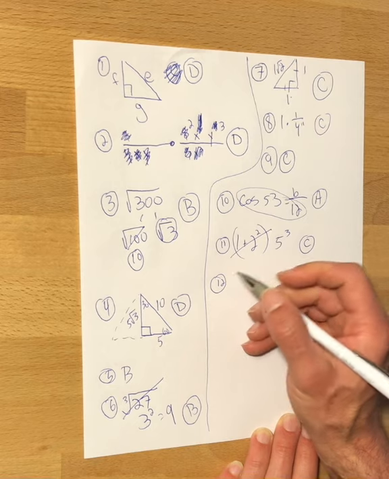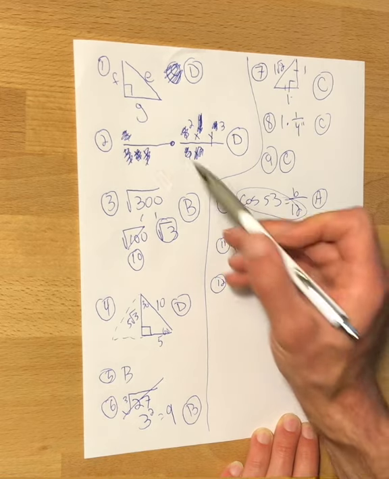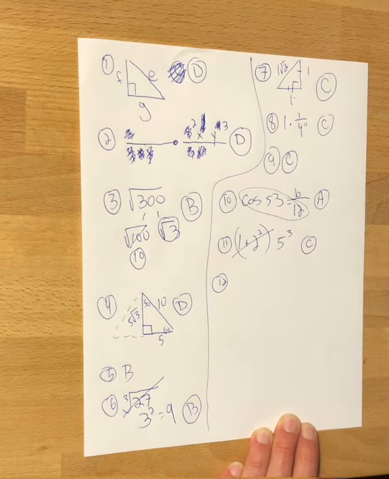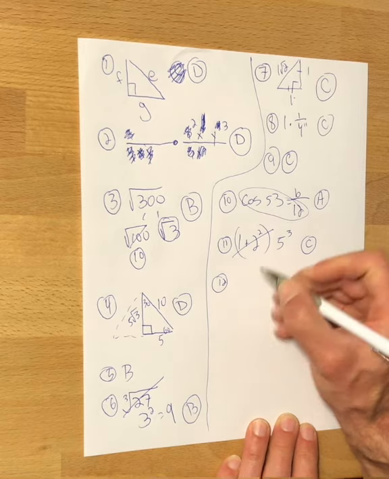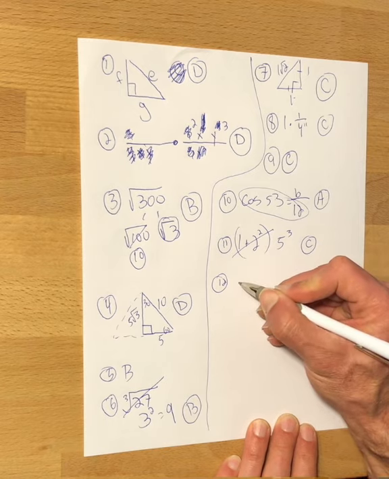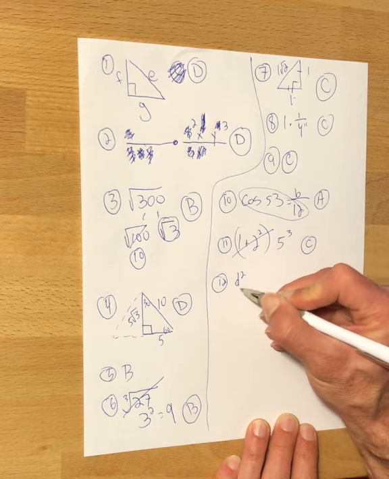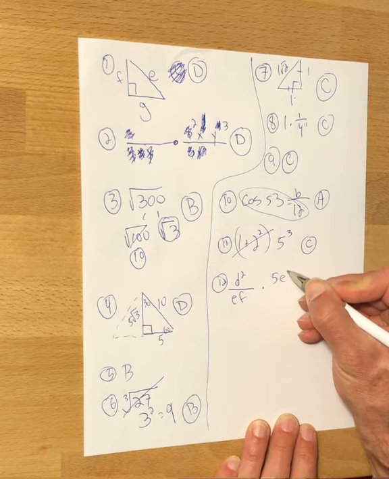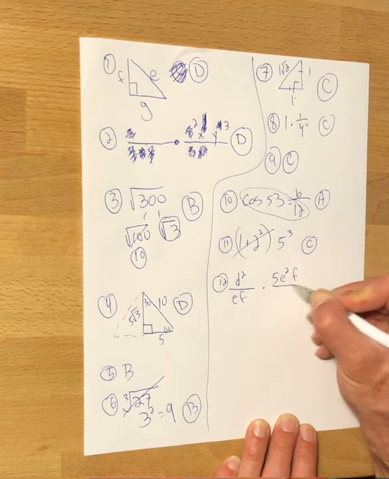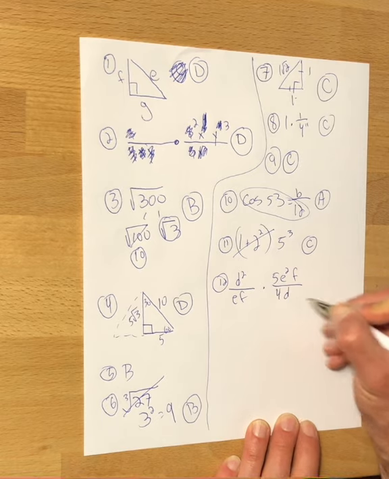Number 12, same exact kind of question as what we did for number 2. So what I'm going to do is I'm going to cross cancel diagonally. So I have d squared over EF times 5e squared F over 4d.